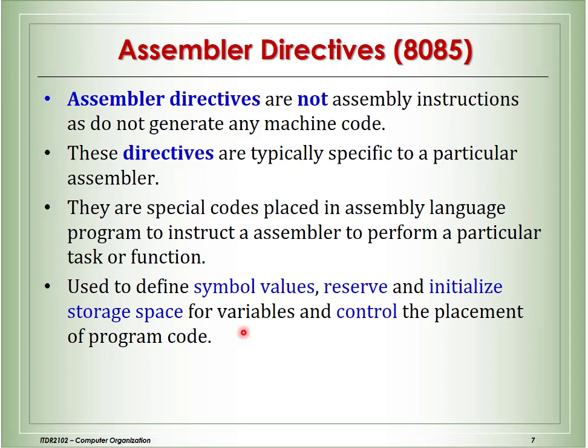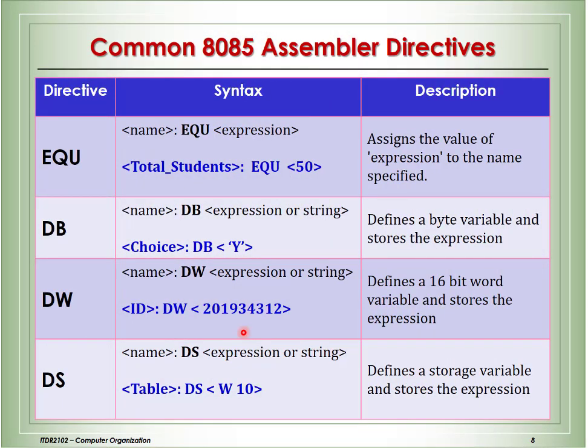Now here are a few examples of assembler directives. You can see the directive, the syntax, how you are going to write it, and the description. The first directive is EQU, equate. Here you see the syntax: name, EQU, expression.